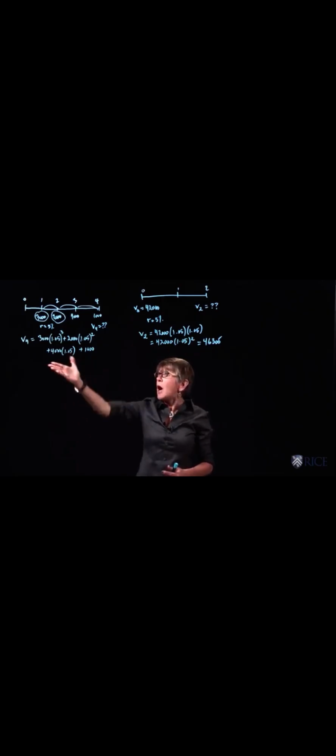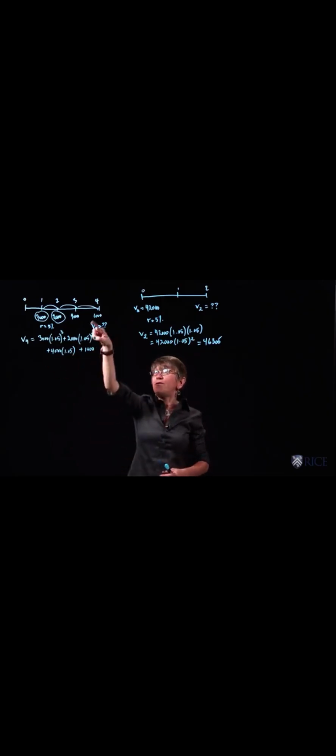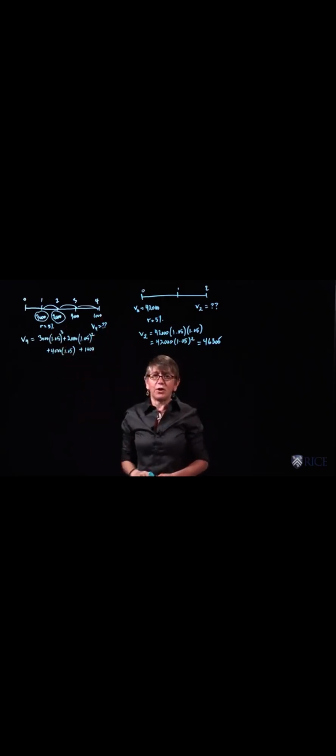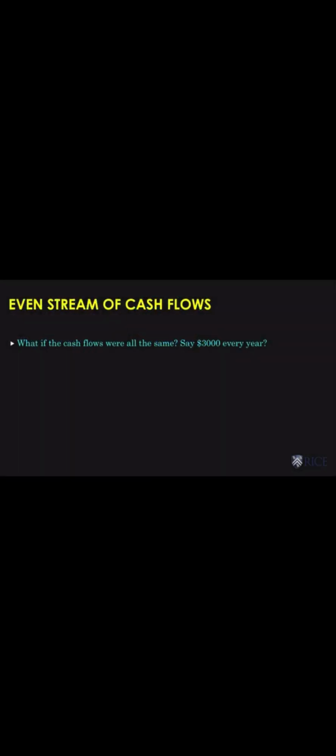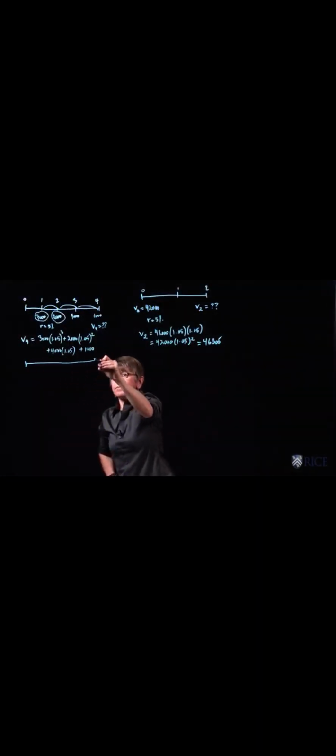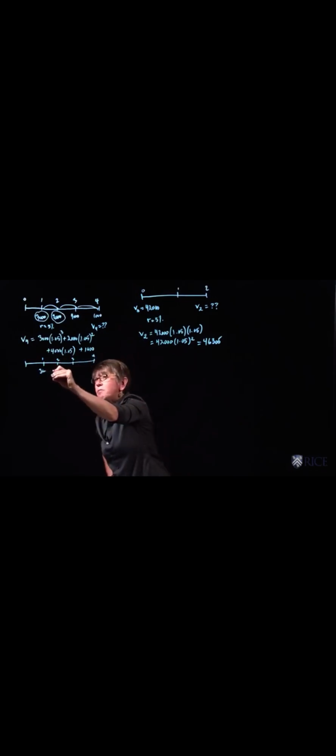All right, so now we know how to find the future value of a stream of cash flows. Now, what if all the cash flows were all the same? Suppose they were all 3,000 every year across 4 years. So an even cash flow stream. 3,000 every year.